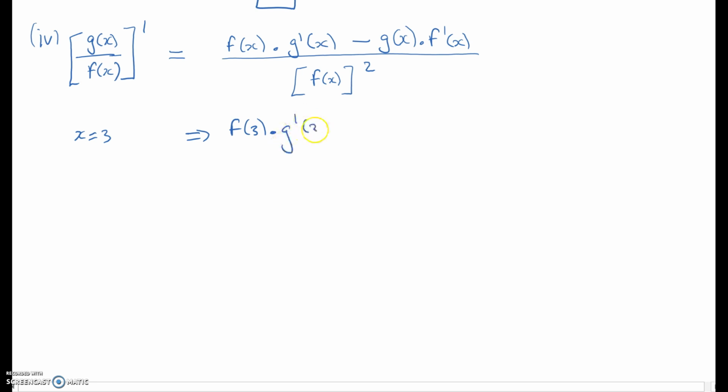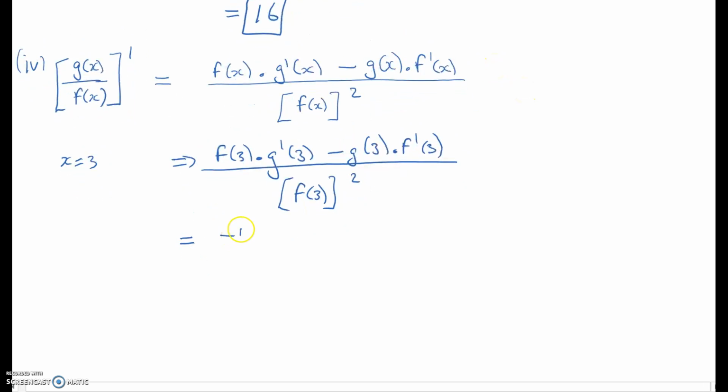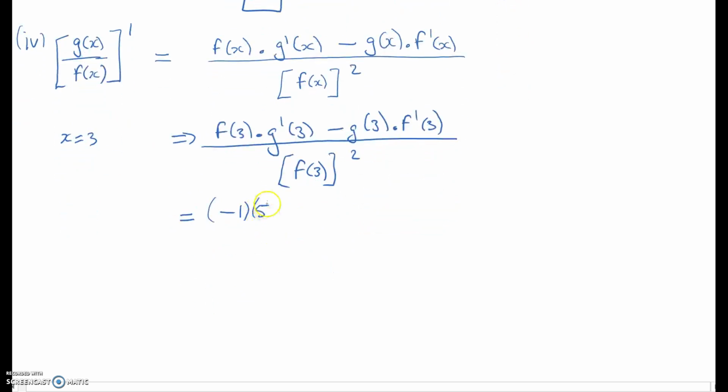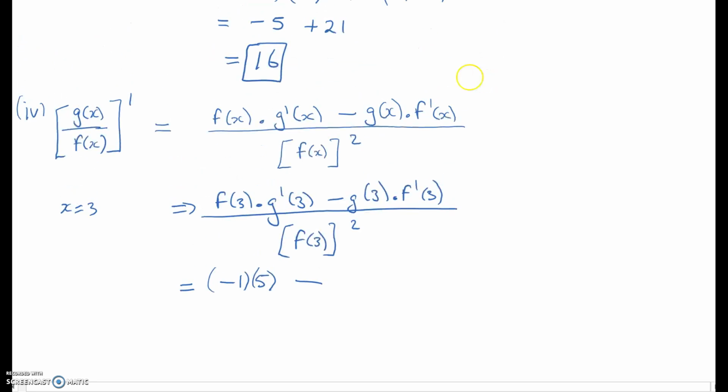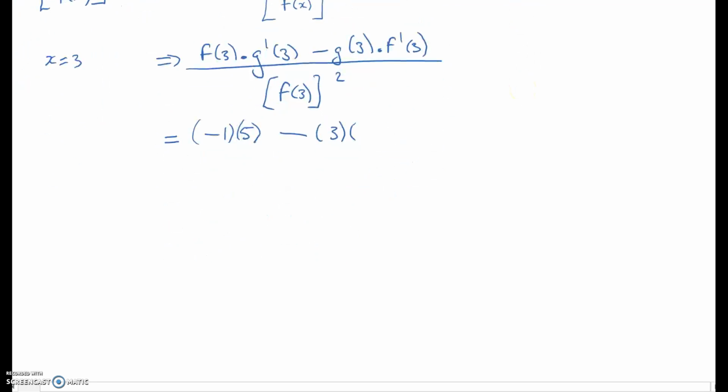Now, when x is equal to 3, this becomes f of 3 times g prime of 3 minus g of 3 times f prime of 3, all over f of 3 squared. So that's equal to f of 3 is negative 1, times g prime of 3 was 5, minus g of 3 was 3, times f prime of 3, 7, over f of 3, that was negative 1 squared.